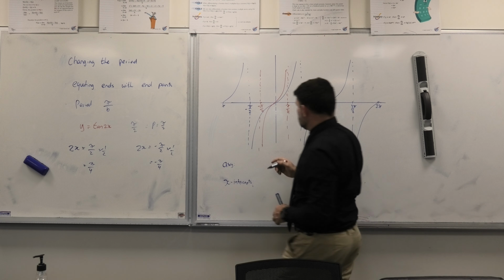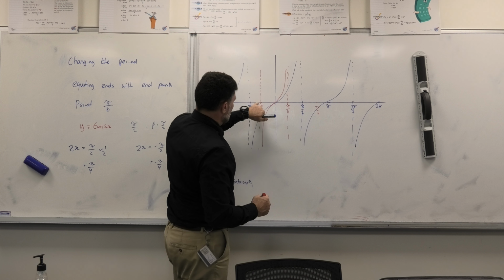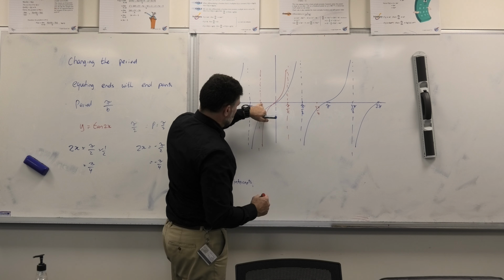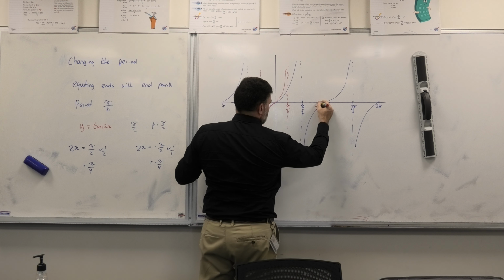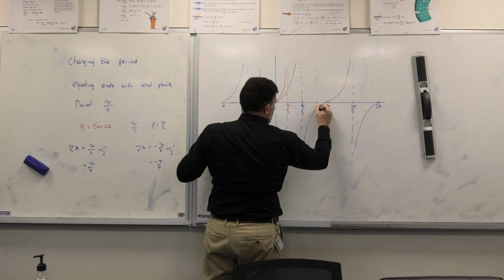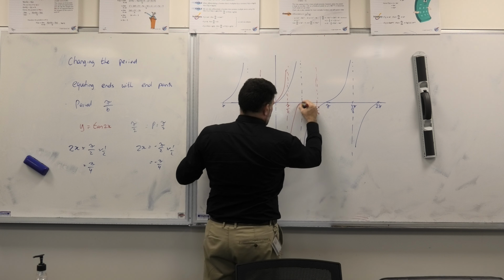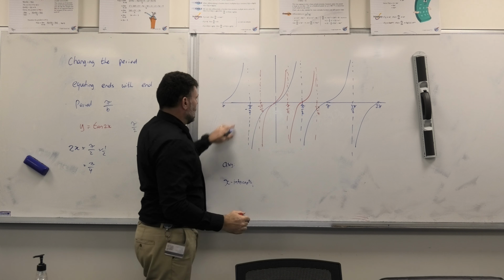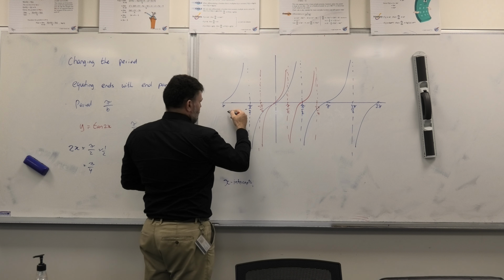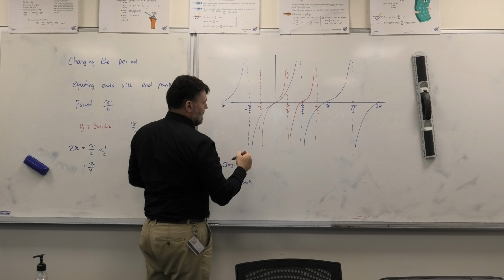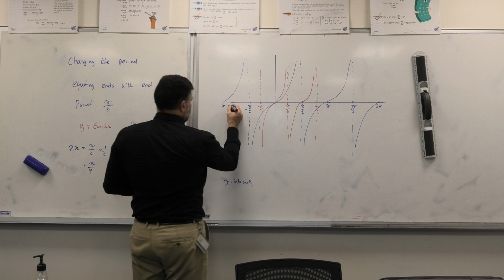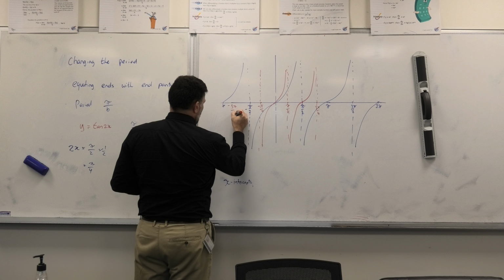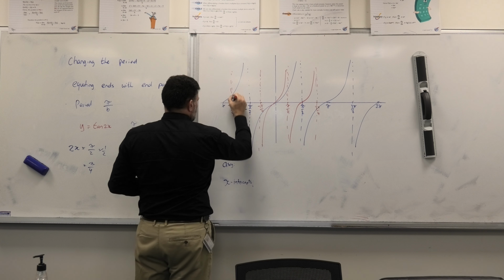And if we go across here, we've got our asymptote, x-intercept, asymptote, so this here should be an x-intercept, asymptote. Coming back across here, if we go back another one, we get another point at negative 3 pi on 4, which gives me another asymptote.